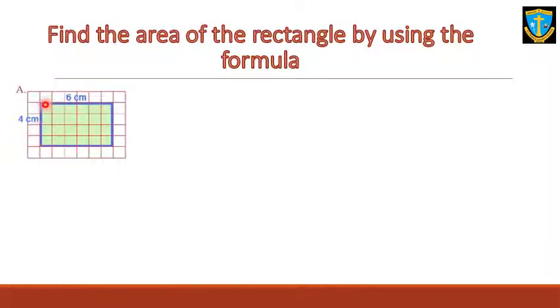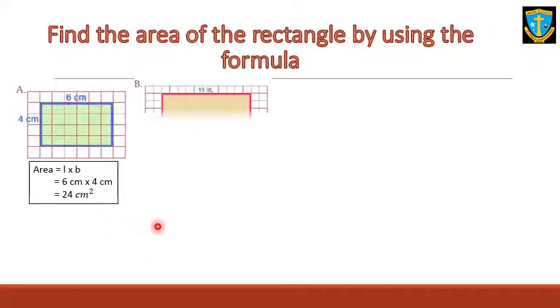In a rectangle the opposite sides are equal. Let's put down the formula and find the area. Area of a rectangle is equal to length multiplied by its breadth. Length is 6 centimeter multiplied by 4 centimeter. 6 fours are 24. Centimeter by centimeter gives you centimeter square.